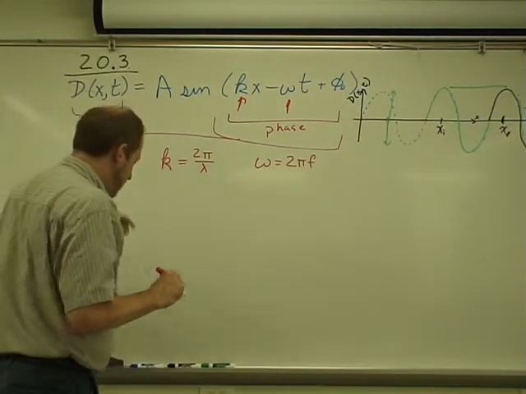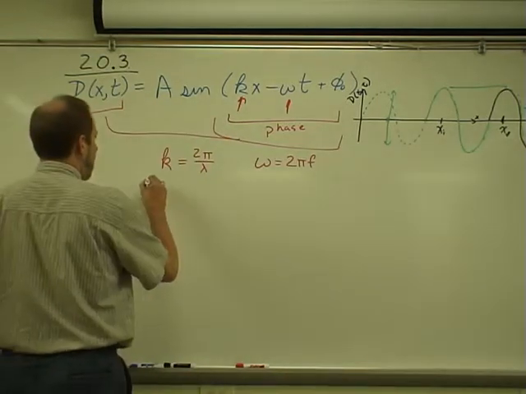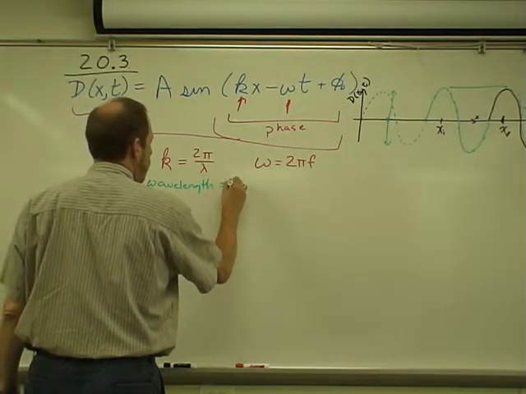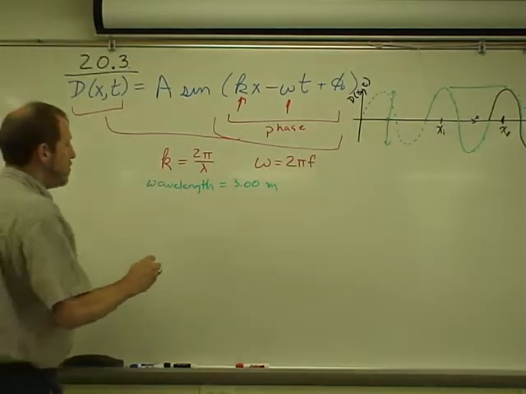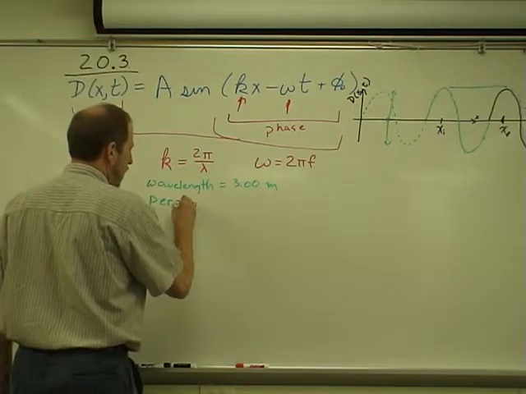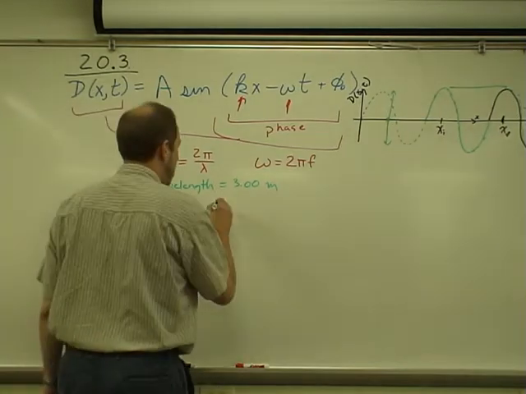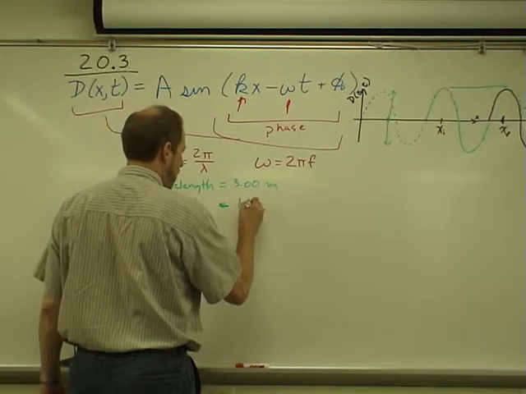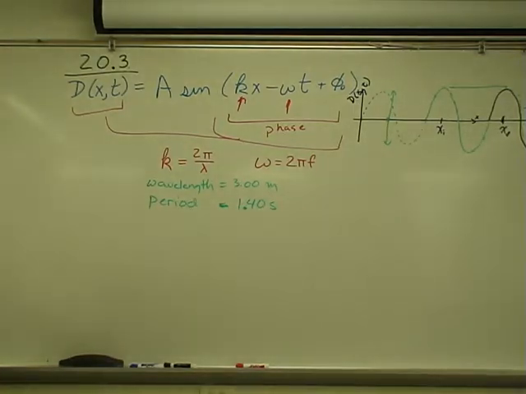And if I were to have a brief example, suppose I've got a wave with a wavelength of 3 meters, and that's moving quickly enough so that it has a period as the wave goes by of say 1.4 seconds.